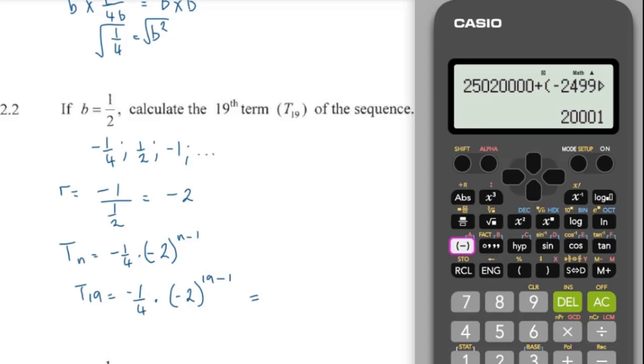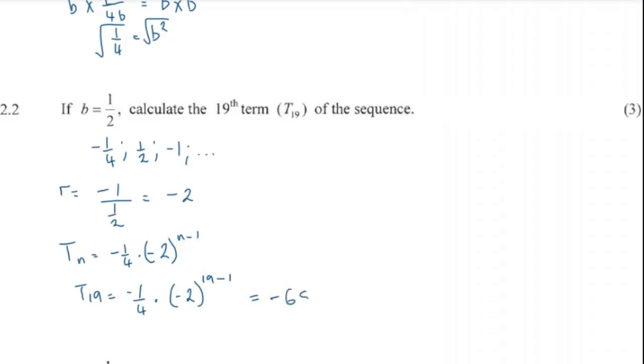So that's negative 1 over 4 times, open bracket, negative 2, close bracket, to the power of 19 minus 1, and that is negative 65,536.